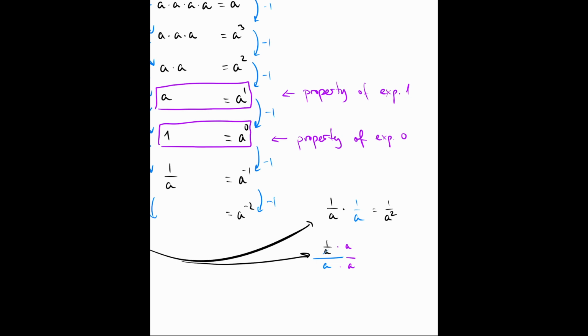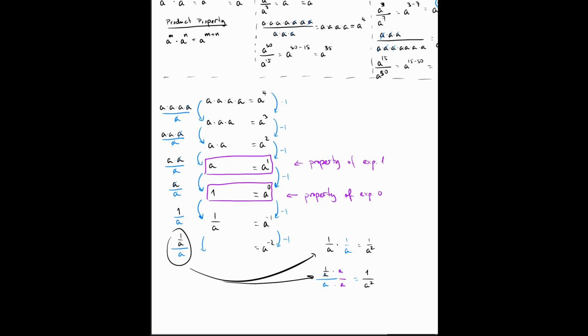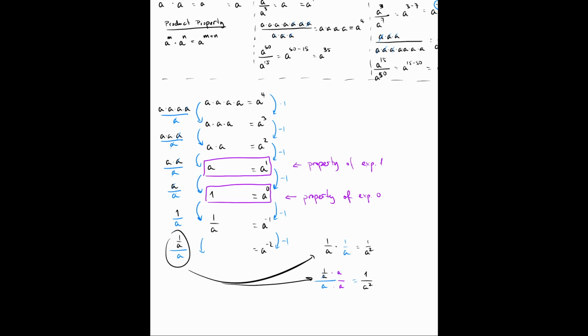Well, here the a's would cancel and we have 1 left, and down here a times a is a squared. So no matter how you want to think of it, the simplified version of 1 over a divided by a is 1 over a squared. So let me quickly erase all of this. And now we can write that it is equal to 1 over a squared.